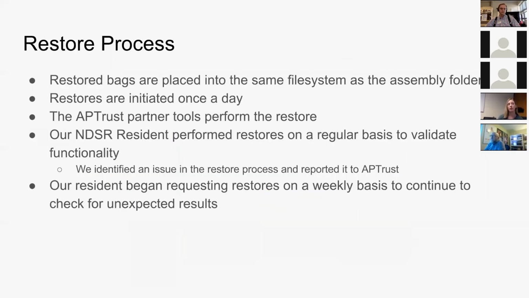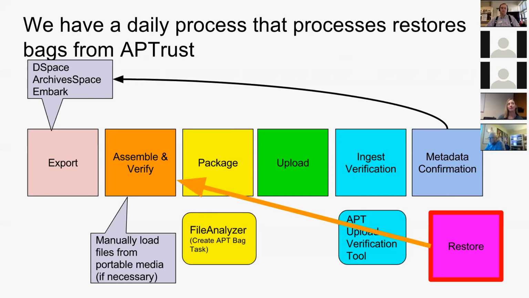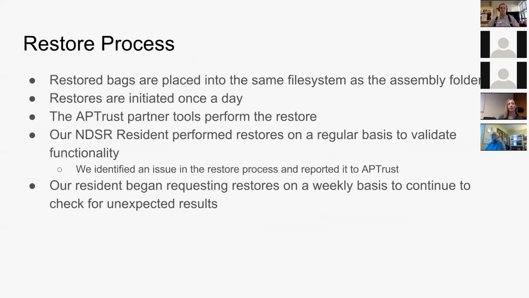And our resident that we had on staff, you can go to the next slide, kind of went through and ran periodic restores for us to verify that the restore process was something that we could trust. So we initiate restores once a day. We use the APTrust partner tools to perform the restore.